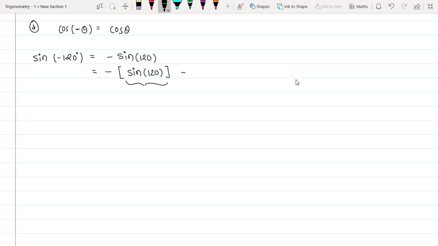So this is nothing but the minus sign as it is. Sine of 120 will be written as how? 180 minus 60. Right or not? Which equals minus of sine of 180 minus 60.